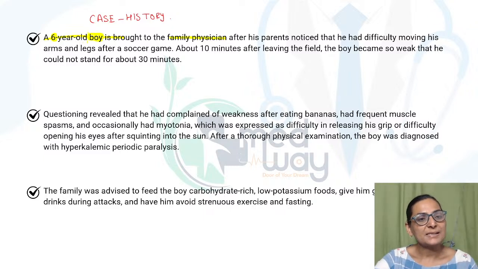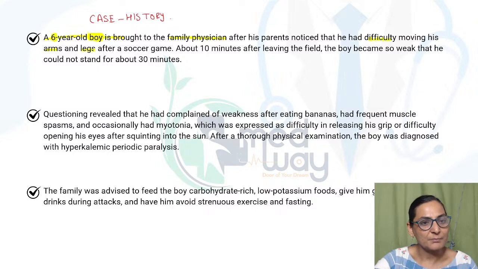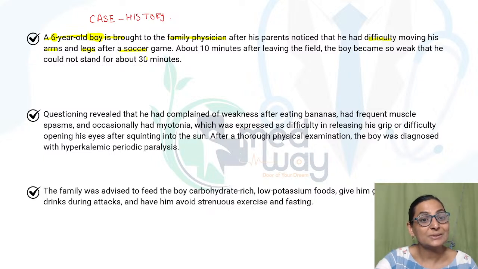So a 6-year-old boy is brought to a family physician after his parents notice that he has got difficulty in moving his legs and arms after playing a game. For example, here a soccer game is given. About 10 minutes after leaving the field, the boy becomes very weak and he is not able to stand.